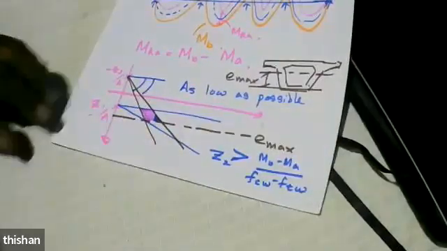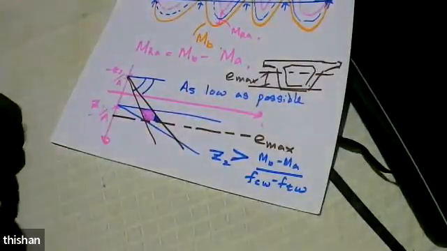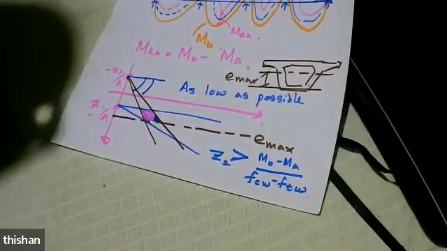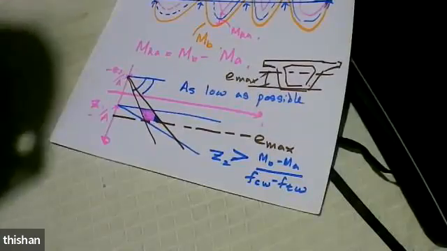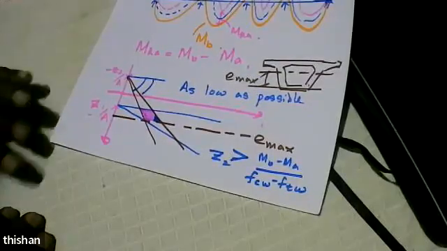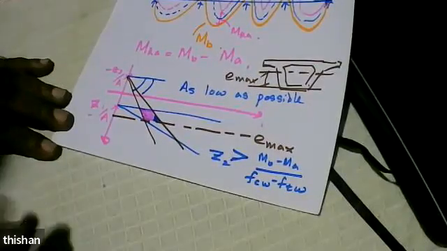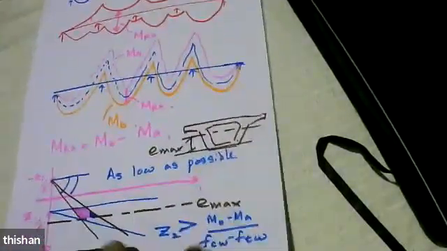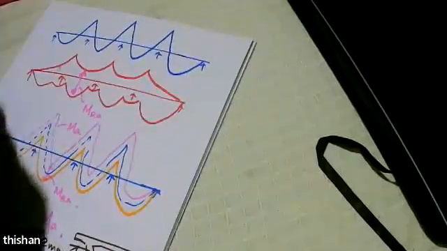Don't select in this region, because the pre-stress will be higher, and when you have higher pre-stress, it's going to be costlier. The cost is going to go up. So for that reason, do not select a high pre-stress. Always select a pre-stress as low as possible. That is a summary of what we did last time.